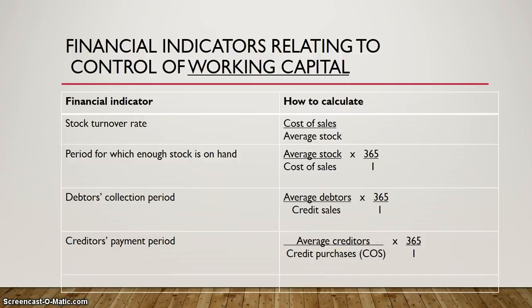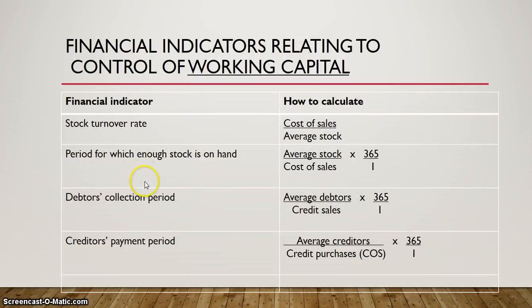Now, why times 365? This indicator, the period for which enough stock is on hand, as well as the debtors collection period and the creditors payment period, is normally calculated in days. So that is why we multiply by 365 days.